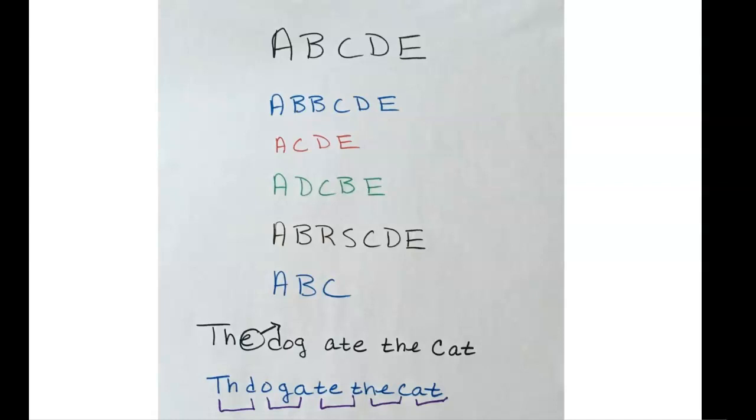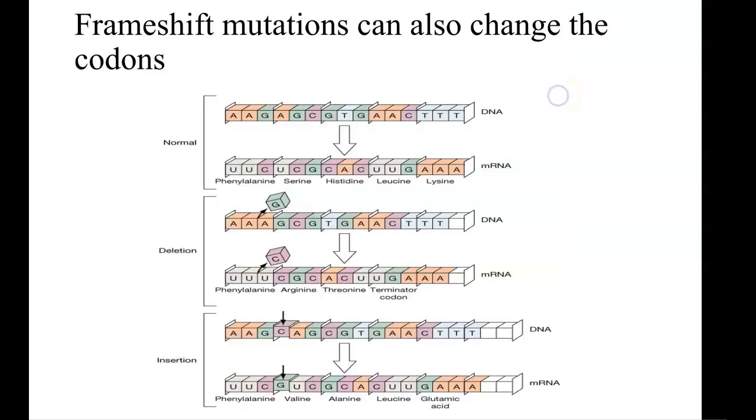So when we squish these letters together, our sentence, the dog ate the cat, now becomes theta, aga, tet, hack, at. These are nonsense words. They make no sense. In terms of the protein and getting different codons, we can actually get different amino acids. This can have a big consequence on our proteins.